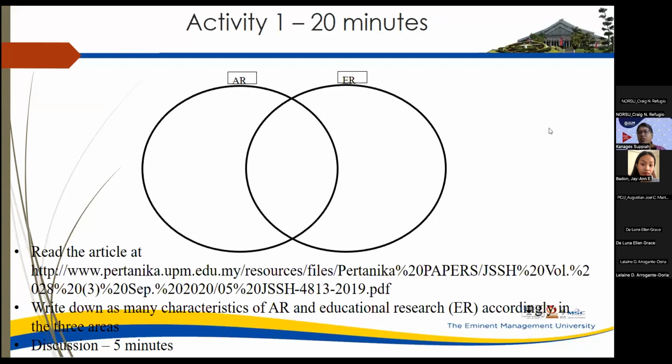All right, let's start with those of you who have ideas to contribute, please contribute. Let's look at what you think educational research is. Can someone share? Okay, maybe we can discuss. Anyone?